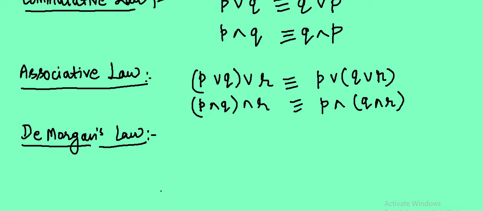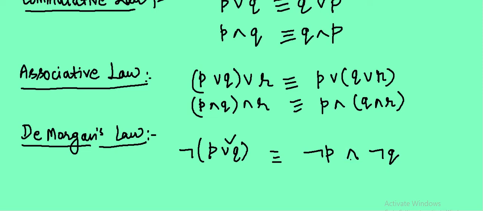So De Morgan's law says that if I take the negation of this disjunction, it will be equivalent to not P and not Q, and this disjunction is changed to conjunction.